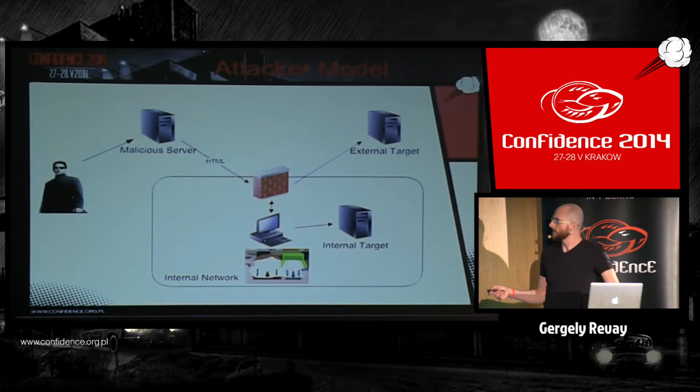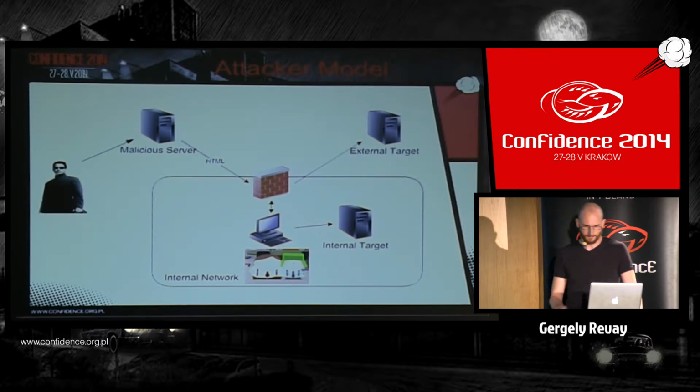There is some attacker here. He compromises a server somewhere on the internet where he can put his own JavaScript code or HTML code or whatever code. And these are our target users. They are sitting probably inside some precious intranet, some company intranet or something like that. So there are services to attack here, and there are services to attack here outside. So that's the basic architecture.